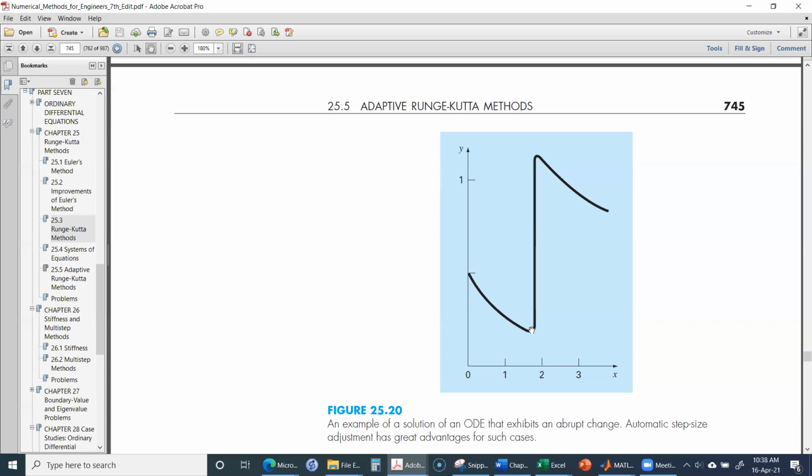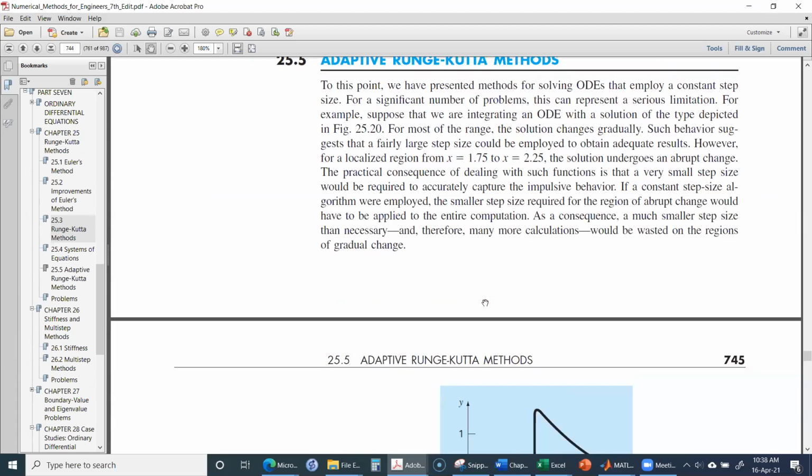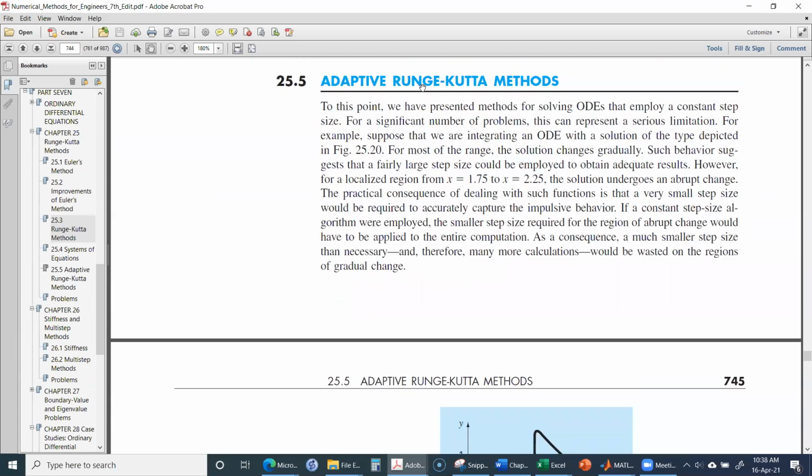then we may miss many of the points before the start and after the end of that part of the function where the value of the function is changing rapidly. So for this we need to have an adaptive Runge-Kutta method.